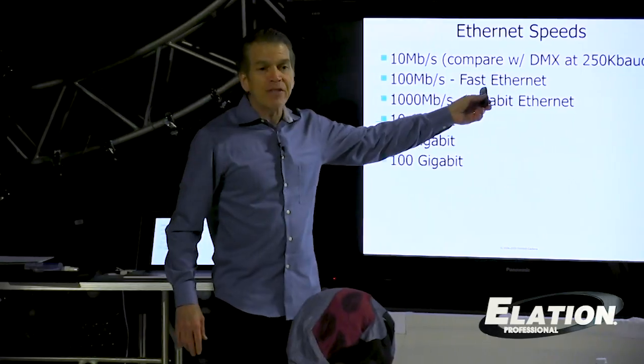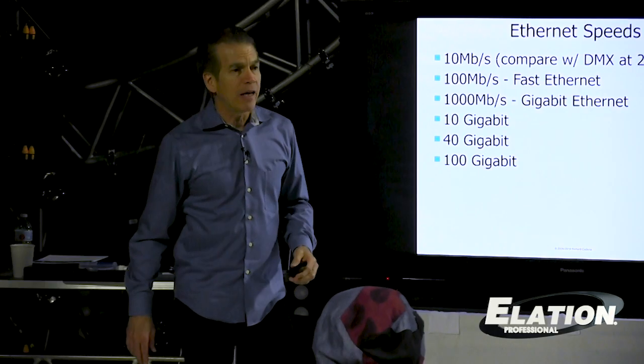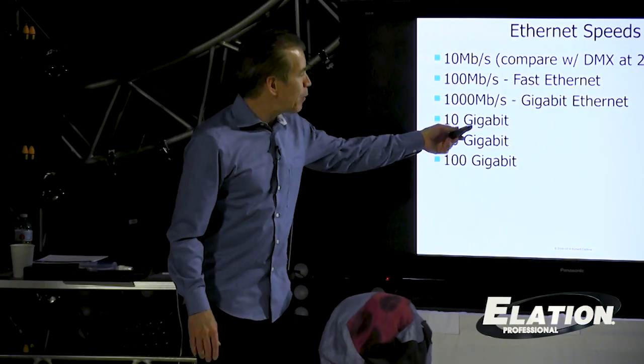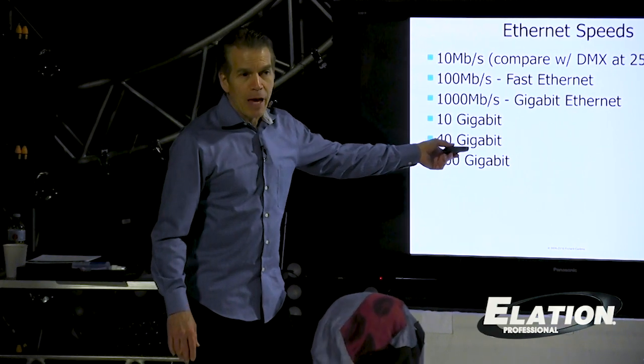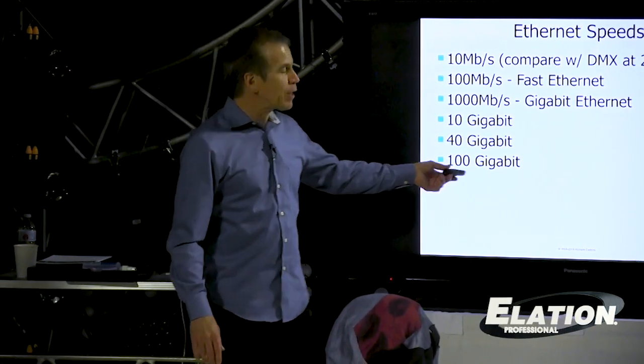They called that fast Ethernet, which is kind of a joke now, because later on they came out with 1,000 megabit per second Ethernet. Now, 1,000 mega is a gigabit. So now we have gigabit Ethernet, and today we actually have 10 gigabit and 40 gigabit, and the last I read, they were working on 100 gigabit Ethernet.